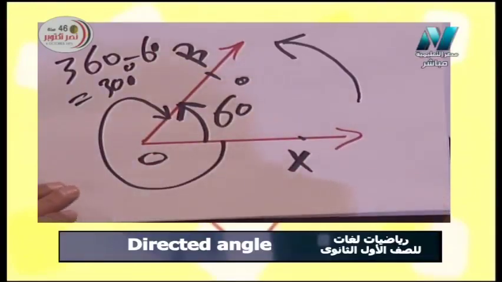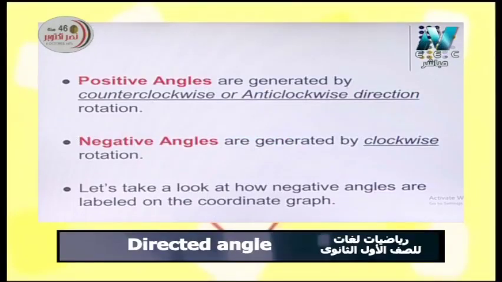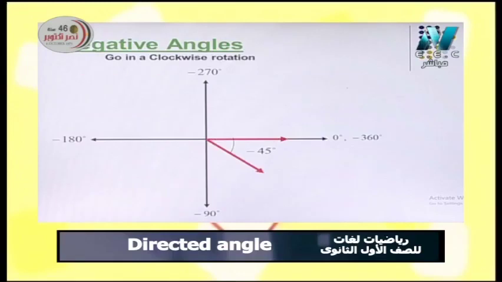Let's go to another slide here. What is the positive angle? As we said, positive angles are generated by counterclockwise or anti-clockwise rotation. Negative angles are generated by clockwise rotation. Let's talk about how negative angles are labeled on the coordinate graph.